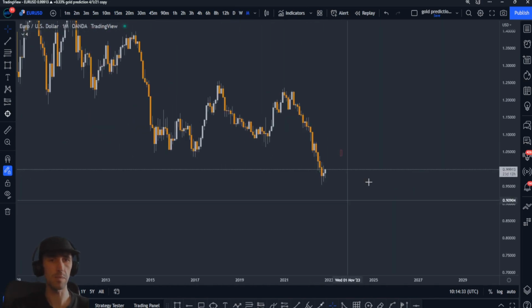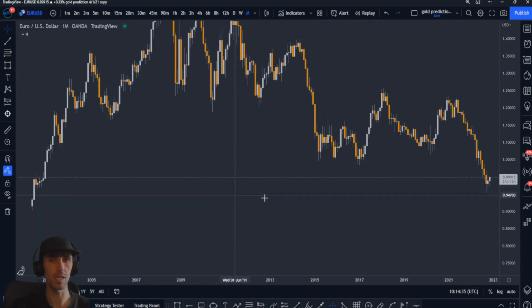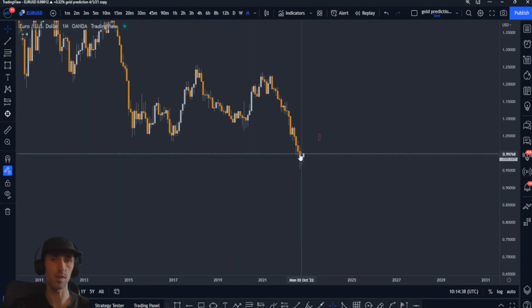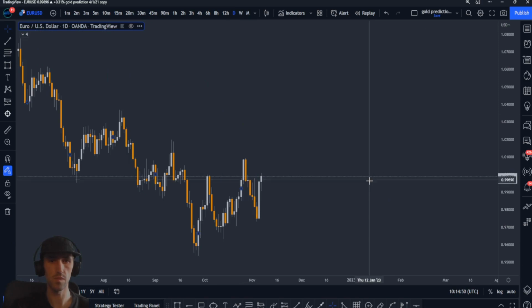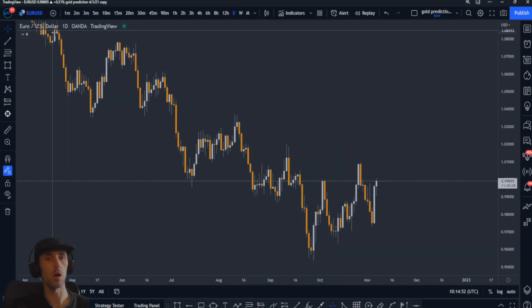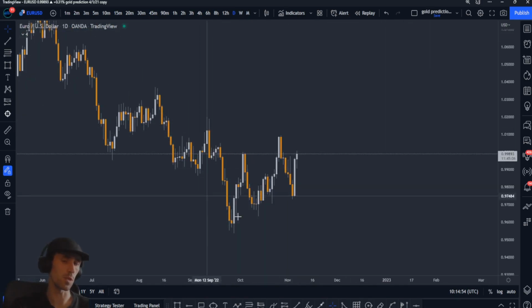At this very point in time where we are on Euro USD, we are looking like we're at the base of an overall big down move. So again, you wouldn't really be that aware of where you are in the overall down move until you look at the bigger time frames. If we stick to the daily, for example, you can see we're at the bottom of a move, but it doesn't give you much perspective as to where you are in the overall movement of price.